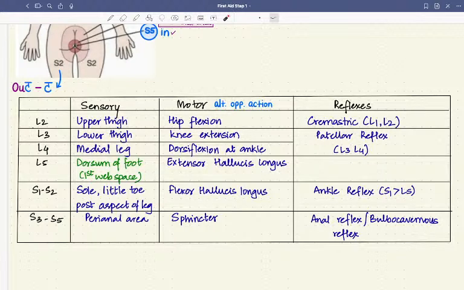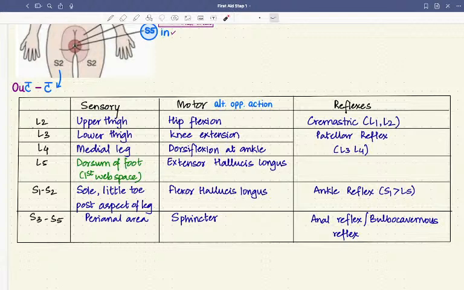One more thing: what happens when you go from L2 to S1, S2, S3, S4, S5, just look at this table, you always have an alternating action. First is flexion, then extension, then again flexion, then extension, again flexion, and then you have this finger. That is one thing. That's how you can remember the actions.